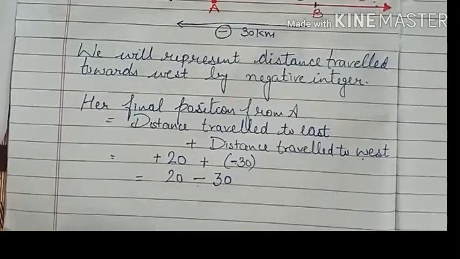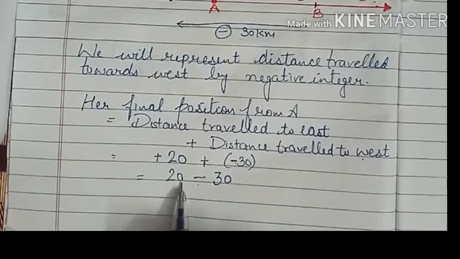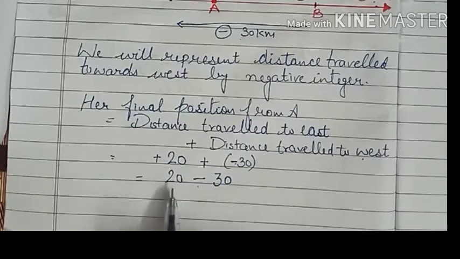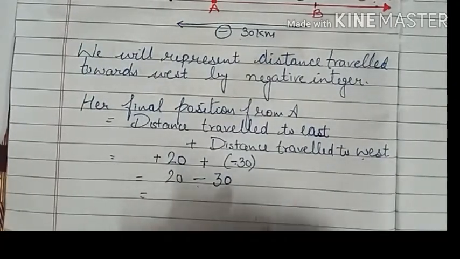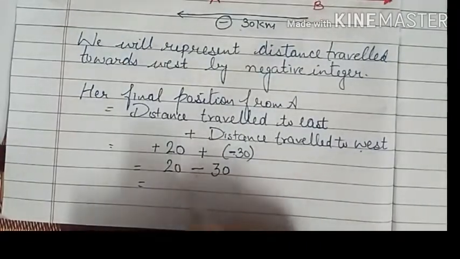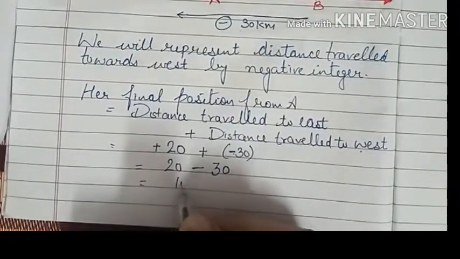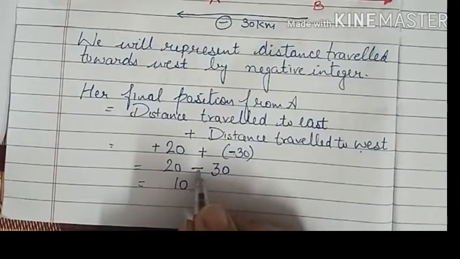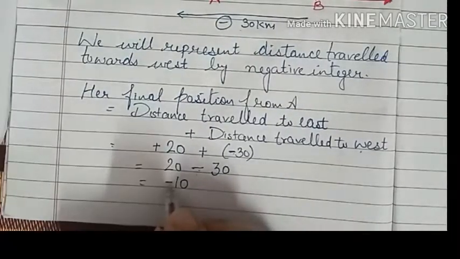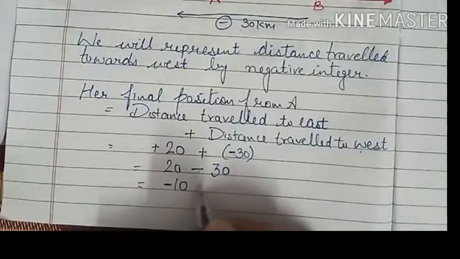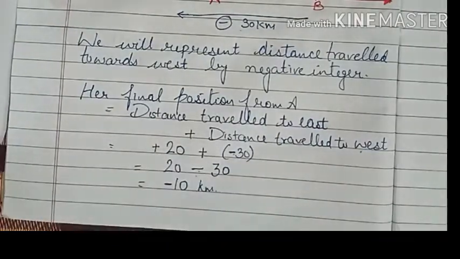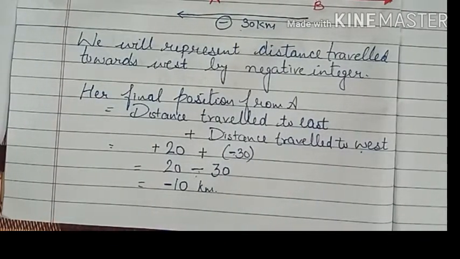So 20 minus 30. Now we cannot subtract 30 from 20, so we will subtract 20 from 30, then we will put the sign according to the greater number. So that will be 10, and because 30 is greater and its sign is minus, we will put minus here. So this is our final position, minus 10 kilometers. So this is the answer of question number 6.